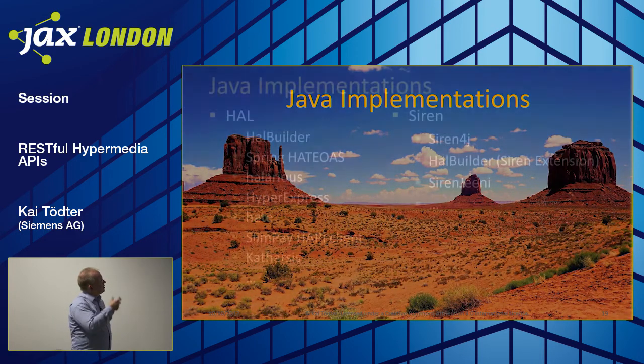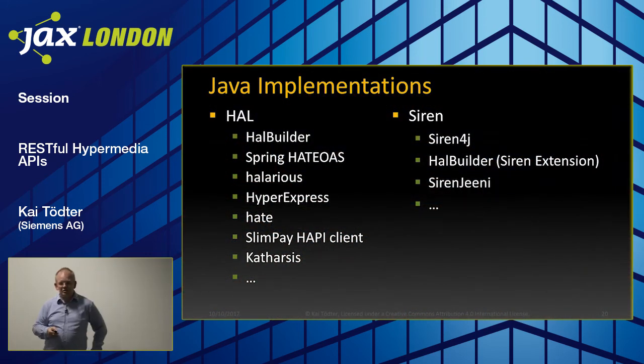Okay. So there's a lot of Java implementations. There's low-level implementations where you can build your own structures with builder patterns, and there's some high-level implementations. So low-level implementations are HAL Builder, Spring HATEOAS, or however you pronounce it, Hilarious, HyperExpress, and so on.